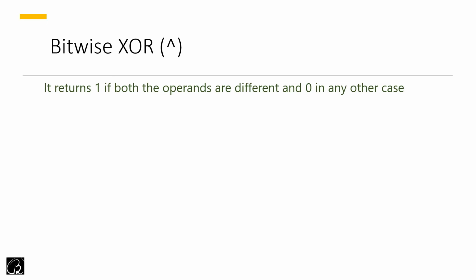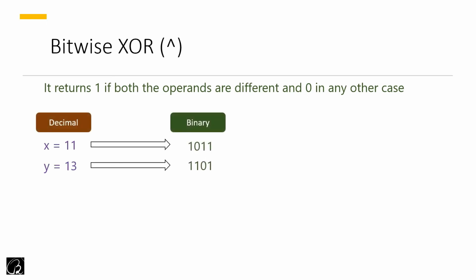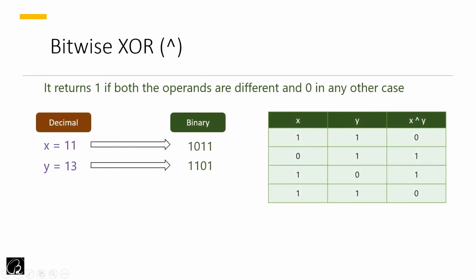So let's say again I'm taking two numbers x equal to 11 and y equal to 13. I'll be converting them into binary. So now let us look at this table. So we have all the bits for x and all the bits for y, right? So in the first row both bits are the same, right? So we'll get 0. So it is saying in XOR gate both bits should be different, then only we'll get 1. So in the second row you can see both bits are different.